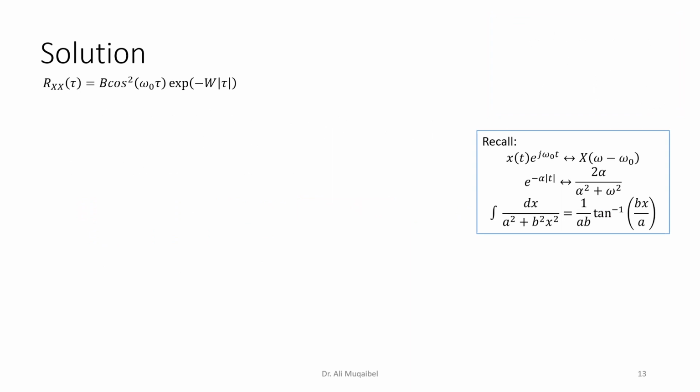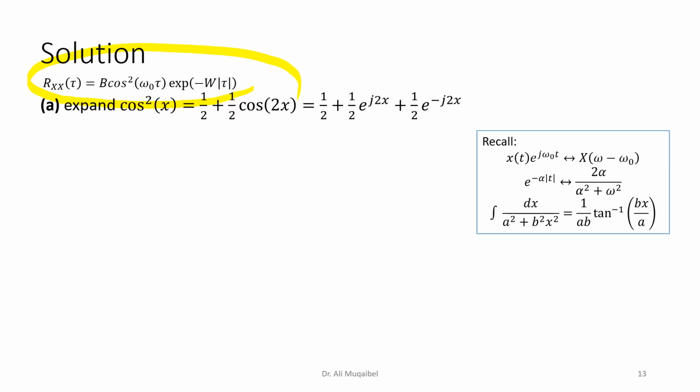Now the solution is basically that we would like to find the Fourier transform of the following expression. We will start by using some identities, because we have few pairs given, and cosine square is not there. There is exponential. So we can think of converting cosine square into 1/2 times 1 plus cosine double the angle, as we can see here.